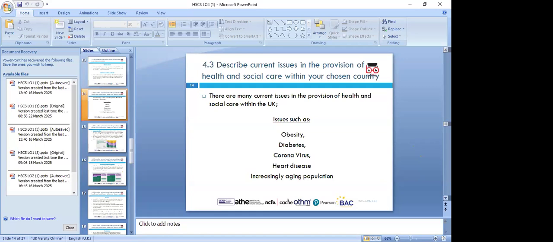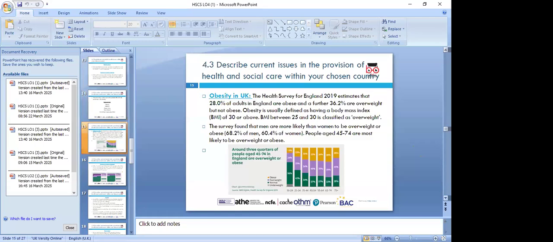Diabetes is also one of the key things. Sugary stuff, we are not able to check it. Coronavirus, we know about. Heart diseases, we know about. An increasing aging population. Of course, once you're growing older, your immune system is also growing older, so you need medication that keeps the immune system intact.